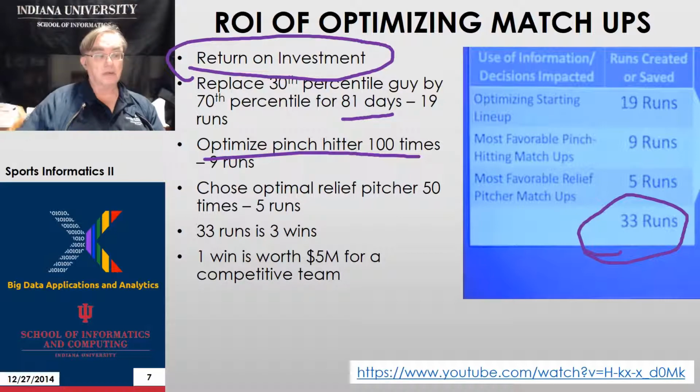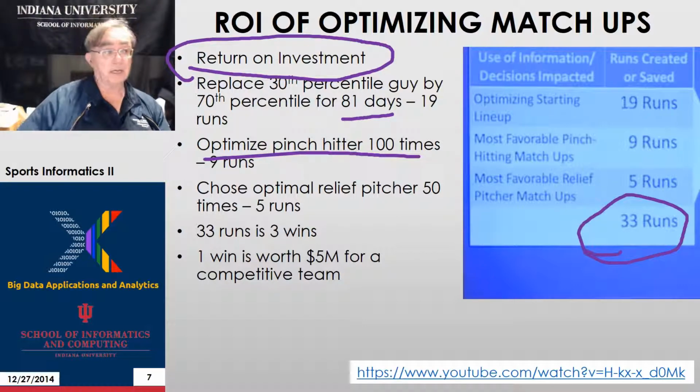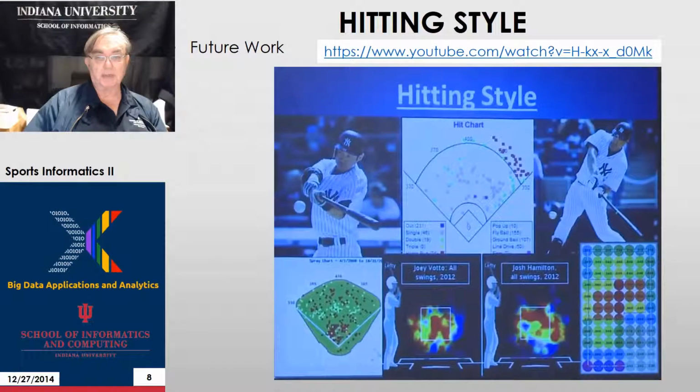If you optimize, it may look as though you only get a smaller gain, but you only require a small gain because you have 162 games. And so a small number times 162 is going to take you from 95 wins to 100 wins.